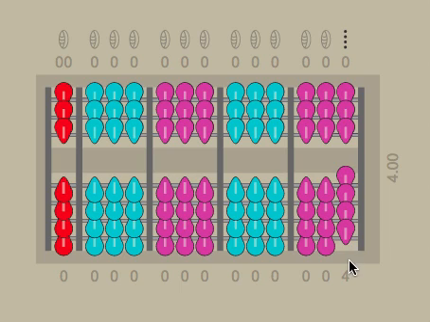I don't have any more ones, but I know that this counter above the separation bar has a value of 5. So I'm going to use this counter. But before I move this one, I need to return these, because if I leave them touching the bar, it'll give me a different value. 5, 6, 7, 8, 9. I'll drop these down again.